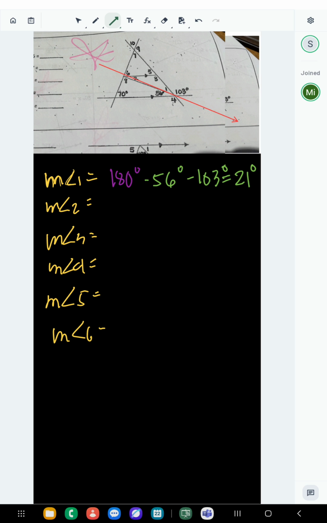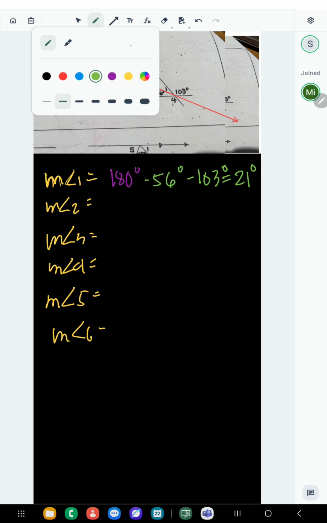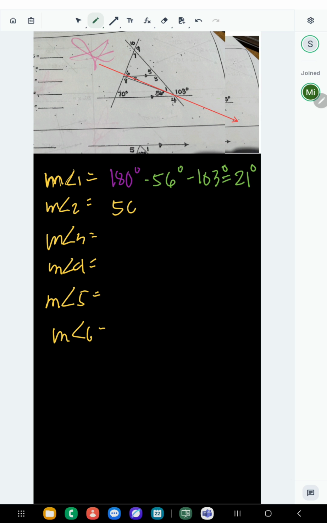So that means angle 2 is 56. They are alternate interior angles. So angle 2 is also 56 degrees. And now we can solve for angle 3.